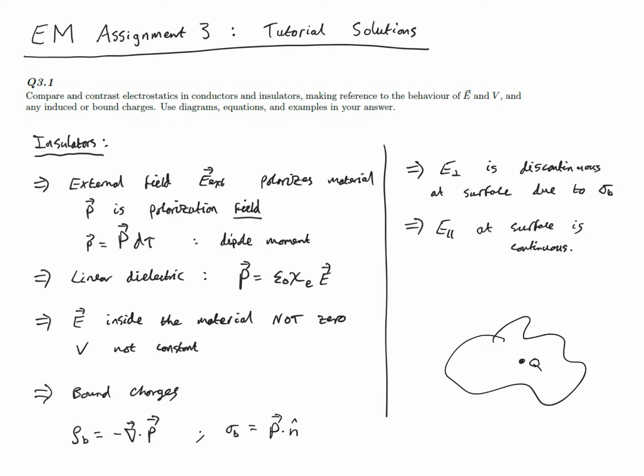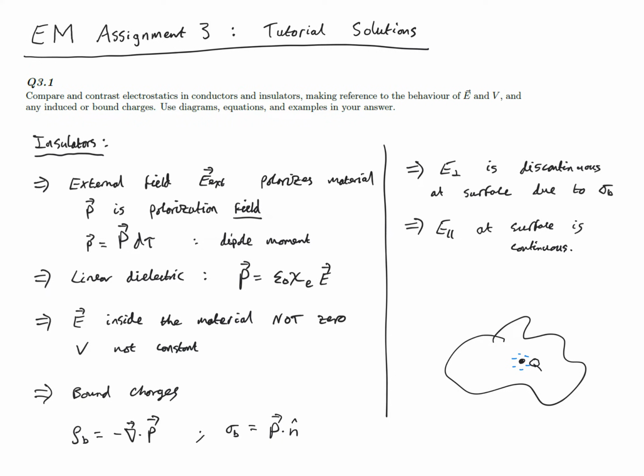And so if this charge Q is positive, the material becomes polarized by having a polarization field set up, which looks basically like a set of induced charges. That's actually these bound charges here, which are coming from the divergence of the polarization field. The polarization field is definitely diverging because we have a point charge with diverging field lines coming out of that, and the material will respond likewise.